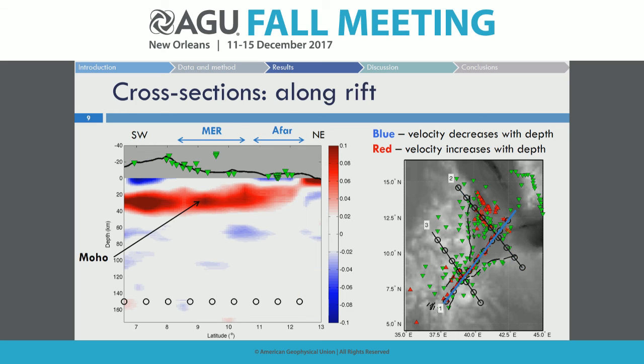And if we go along the rift, we don't have any signal or really small signal of the LAB, so we have no LAB beneath the plateau, beneath the rift. But we have a nice Moho that shallows as we go towards the Red Sea, so towards the seafloor spreading.